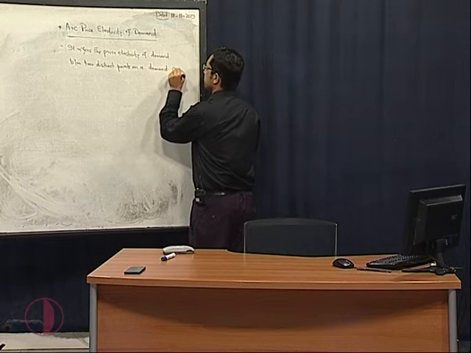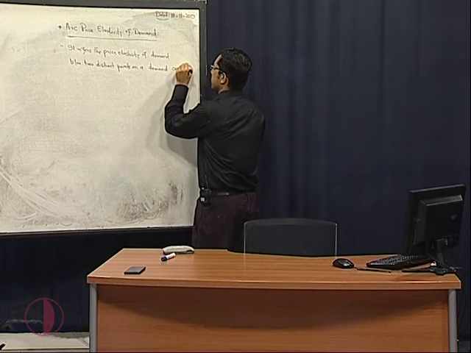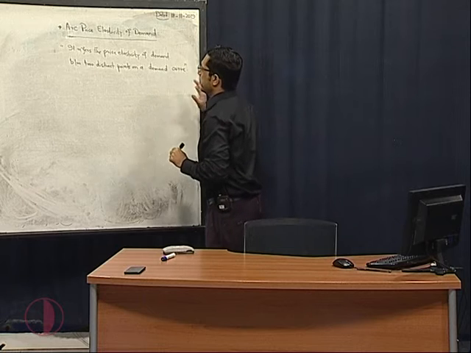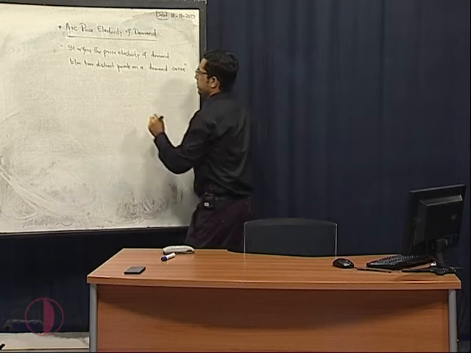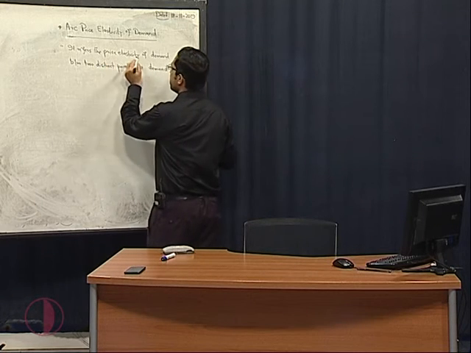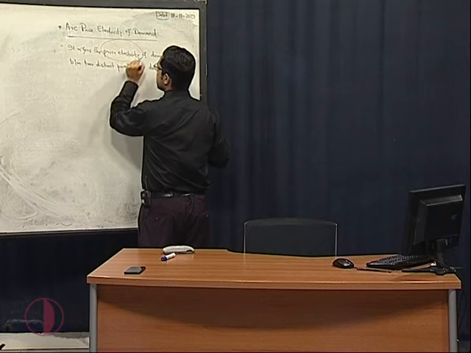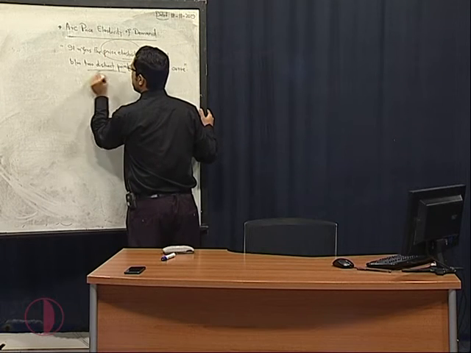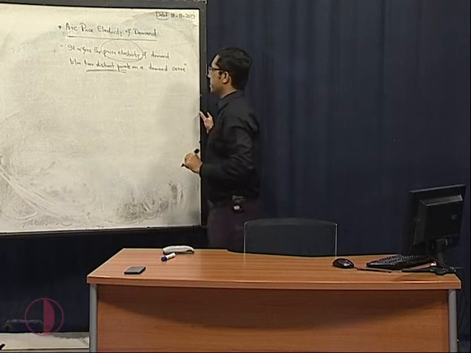This is the basic difference between the point and the arc price elasticity of demand, that it measures the price elasticity of demand between two distinct points on the demand curve.